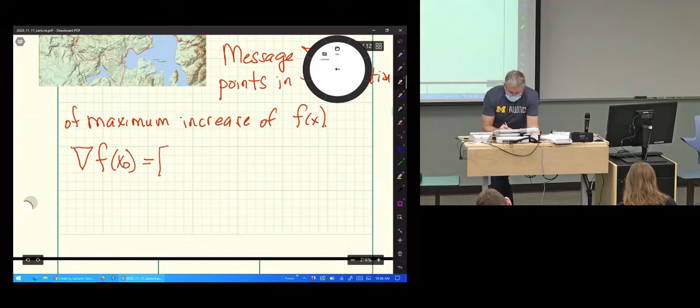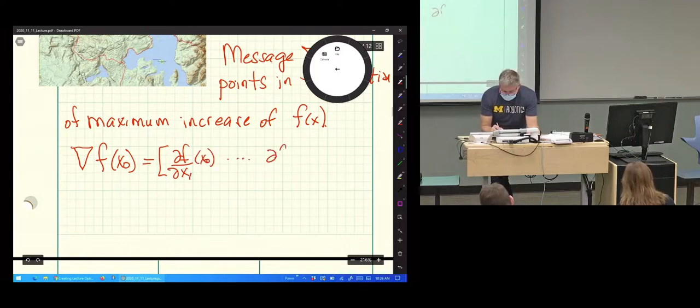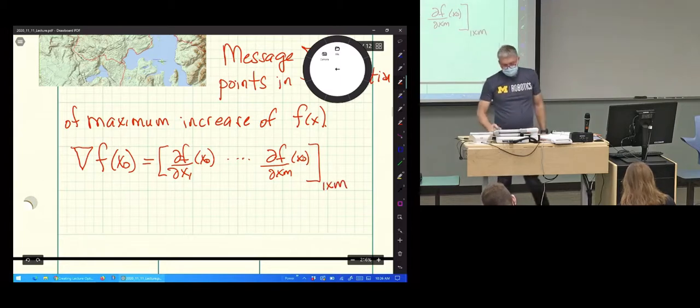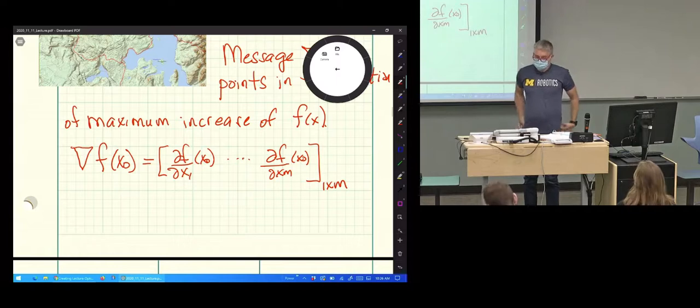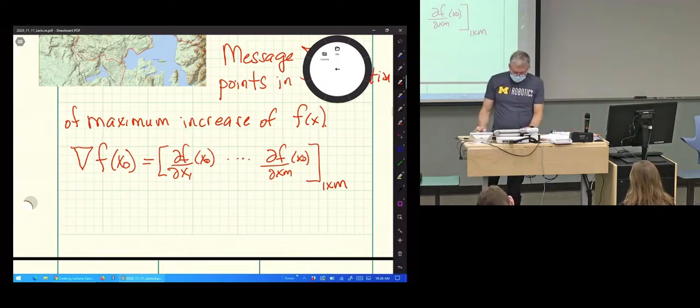And I'll remind you that fancy symbol called grad, and it's the first symmetric difference with respect to variable 1, through the last variable symmetric difference, let's say, and we make it a row vector. That's how it is. So it's just the slopes in each of the x and y in our topo map.